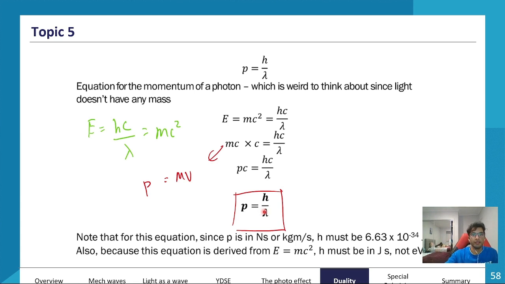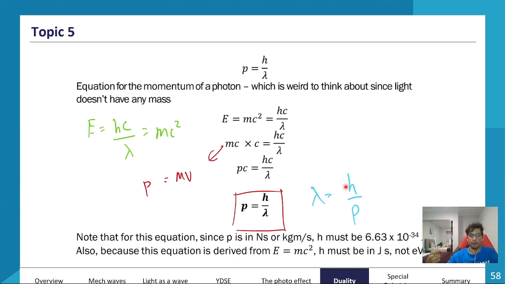We know momentum is equal to h, which is Planck's constant, divided by wavelength. What I can do is switch the momentum and the wavelength, so now we have wavelength is equal to h divided by p. This is where things start to get interesting. Everything has momentum.